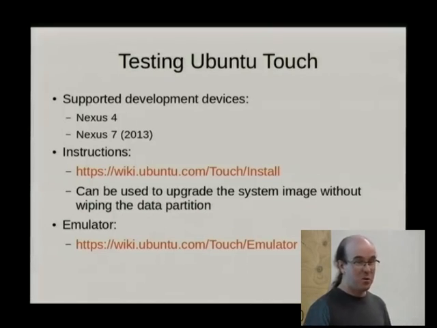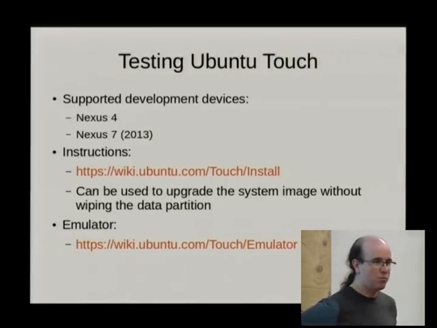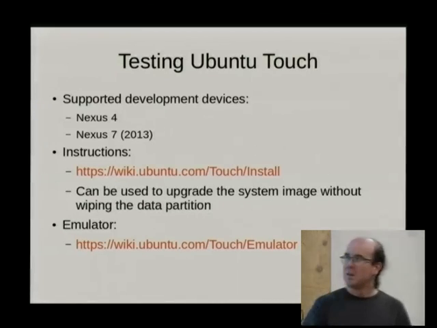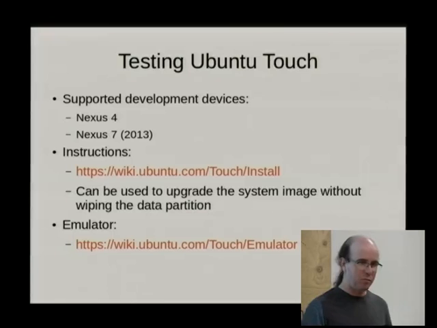We've previously supported some of the other Nexus devices, but we've trimmed down some of the older devices, which weren't as representative of the eventual devices we want to release. So in general, if you've got one of those two devices, this makes it quite easy to test out.